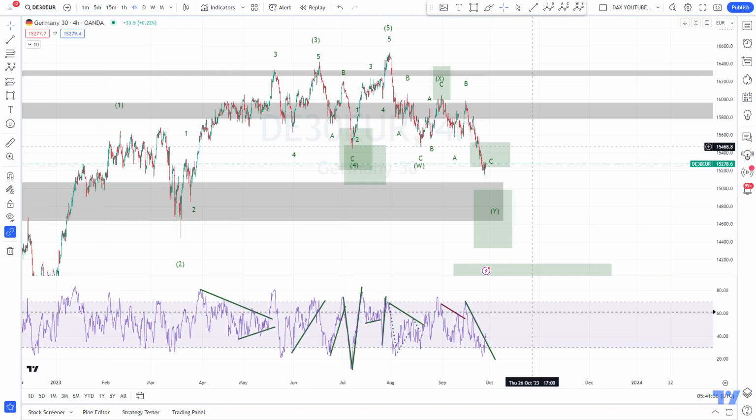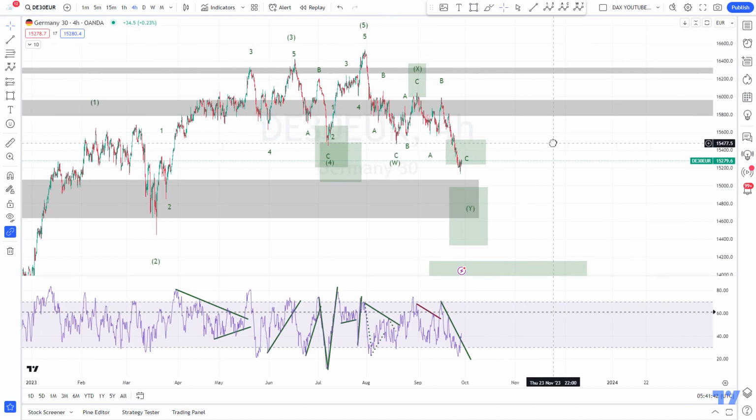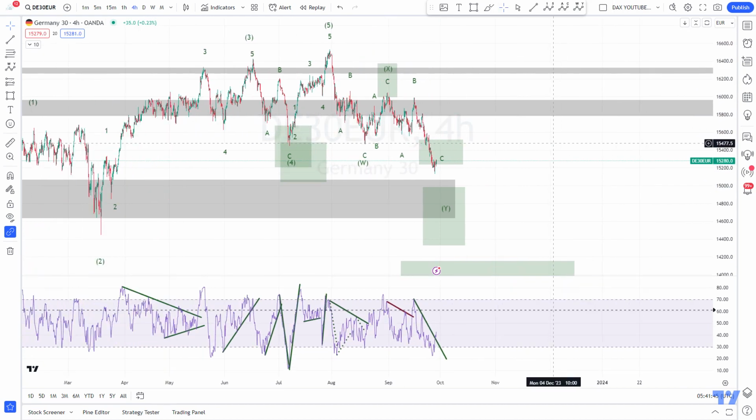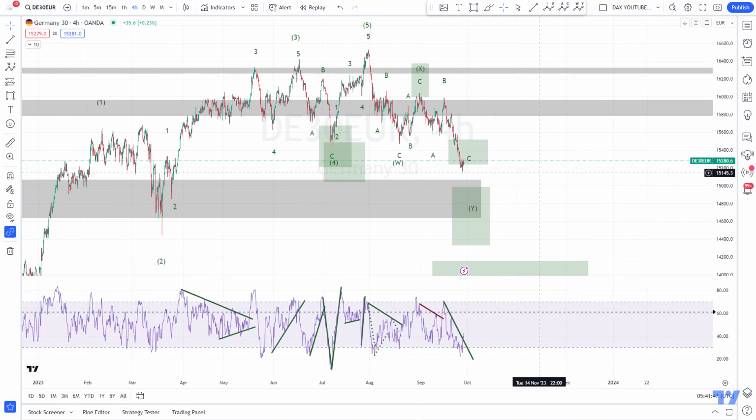So if we look at the 4 hour, what we see now is that actually everything is already here to have a complete corrective structure.